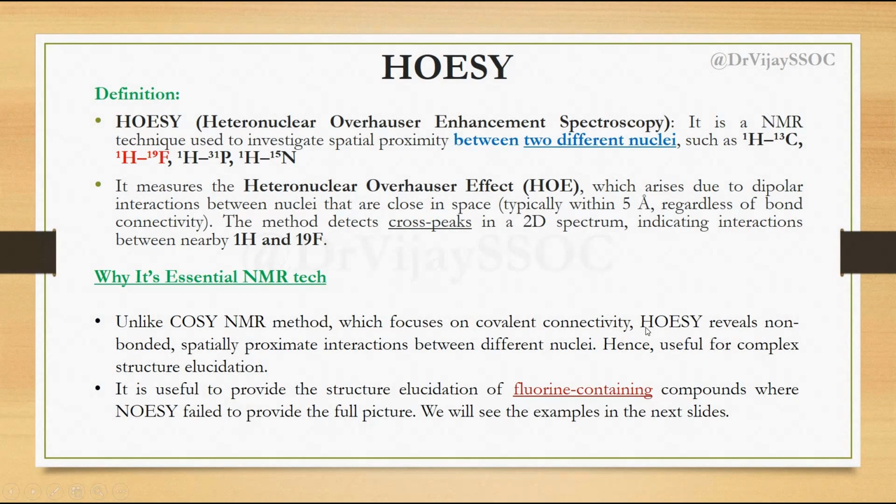But in HOESY, there is no bond requirement; it detects non-bonded spatial interactions between the nuclei. Therefore, you can see long range interactions, or we can say the Overhauser effect, and it is useful for complex structure elucidation. It is also useful for structure elucidation of fluorine-containing compounds where NOESY failed to provide the full picture. We will see the example in the next slides, and then we will understand.